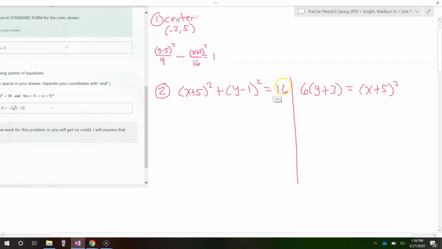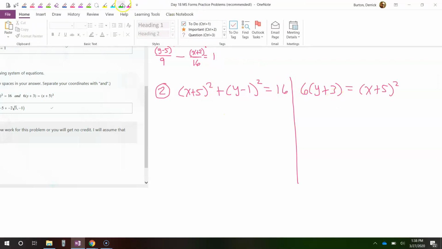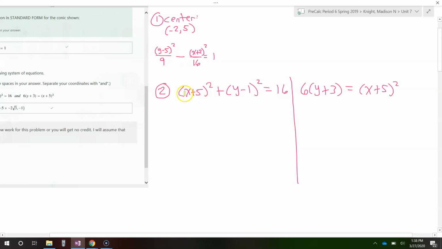For a problem like this, when I do my substitution, it would not be easy to get a single variable by itself. So I'm looking for a chunk of the equation that is the same for both equations. All right, and so I see this. The x plus 5 squared is here, and the x plus 5 squared shows up again here.